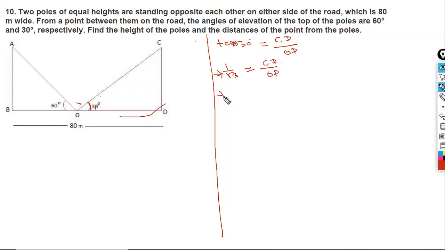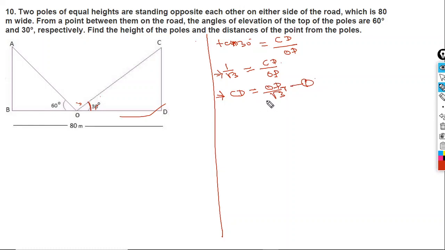Now implies CD will be equal to OD by root 3. So just write it as statement 1: CD equal to OD by root 3.